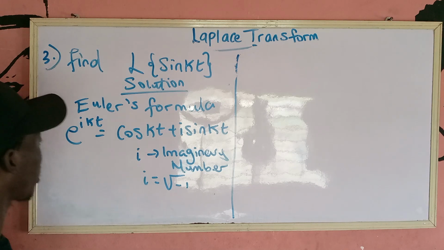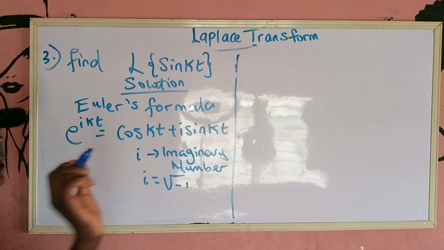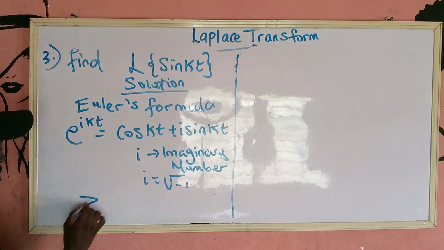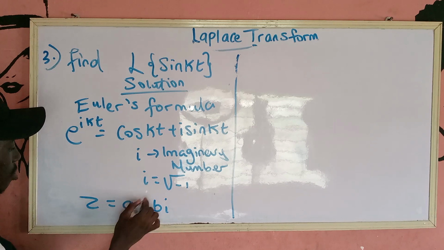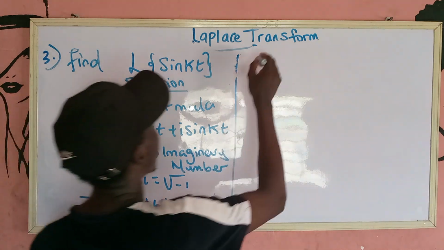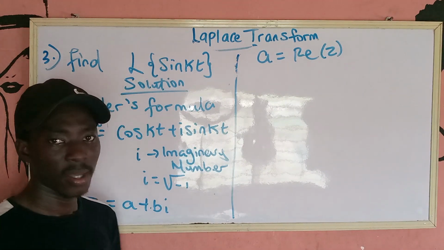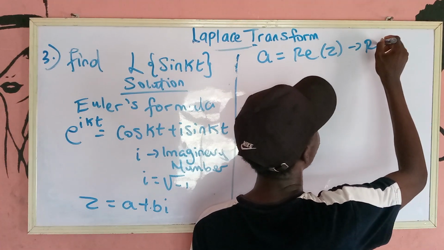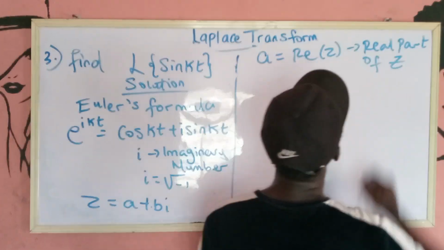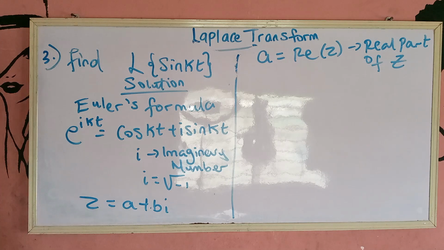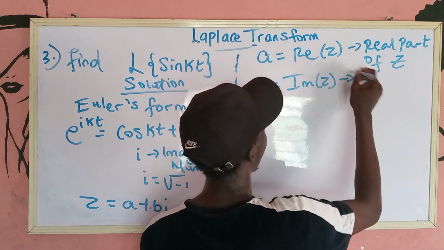In a complex number Z, the A here is called the real part of Z. Let me write it in words. The real part of Z. That is what this A is called. The B part is called the imaginary part of Z.